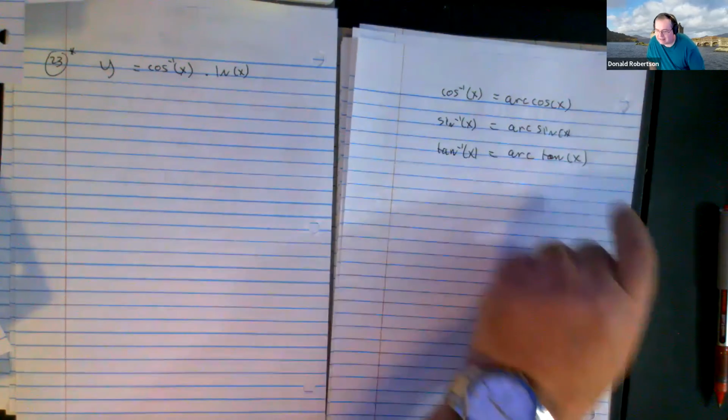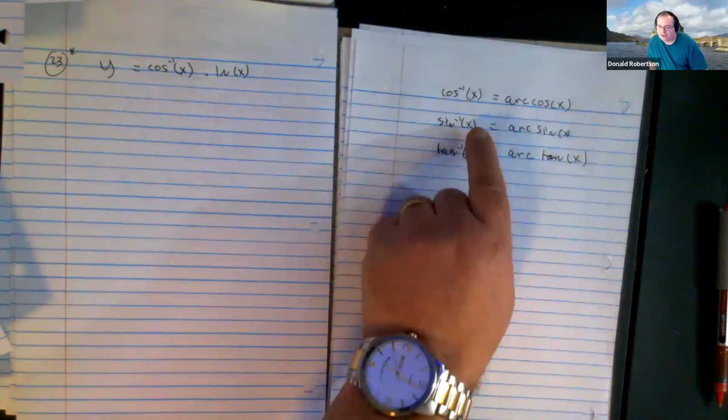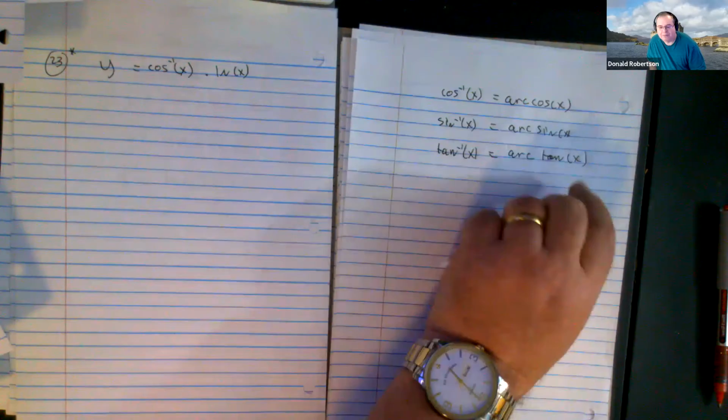Why am I going to have a good mump about this? Nobody I know except America uses arc anything. This is a very archaic way to describe the inverse sine and cosine and tangent. I'm making this up, but I think it might be true.